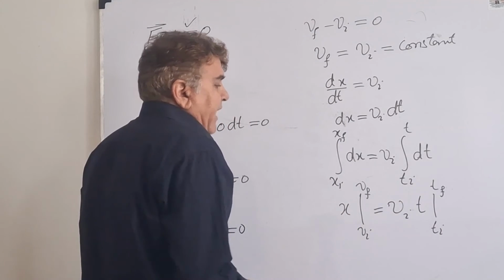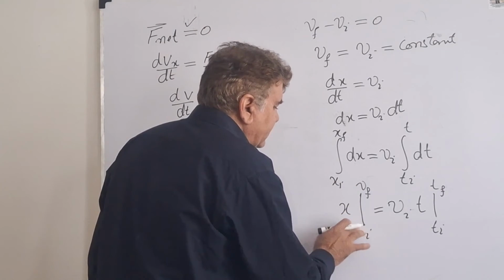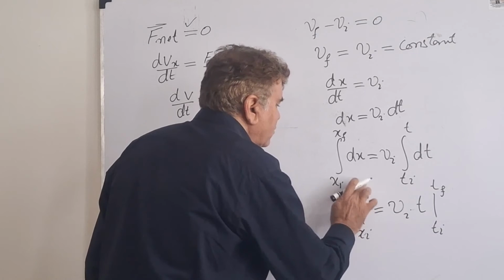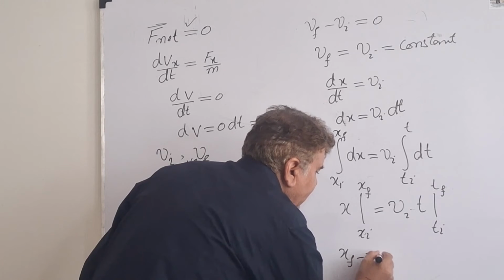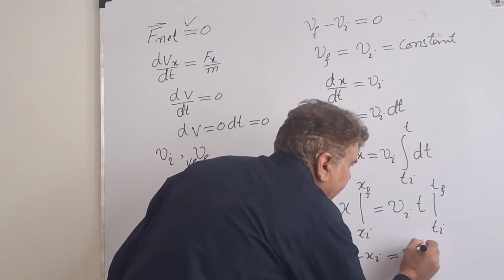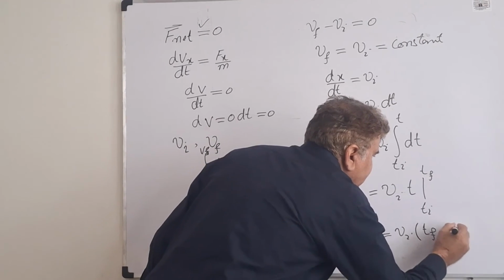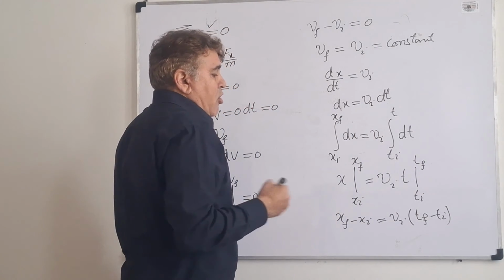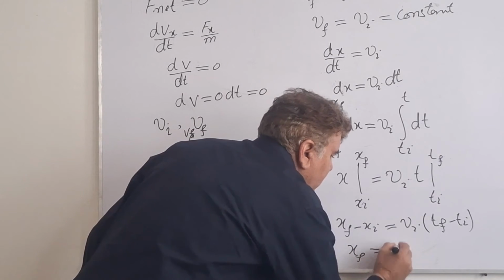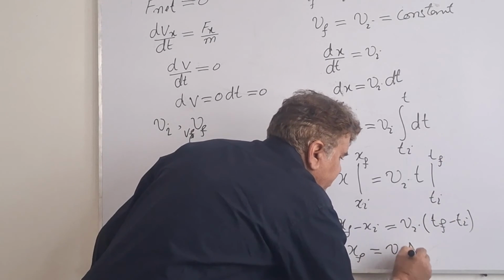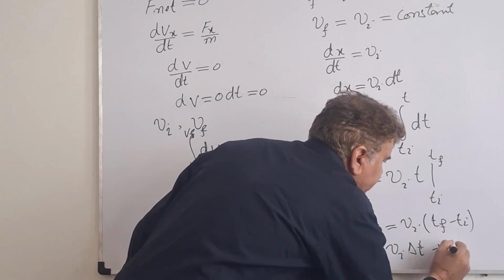If I substitute the limits on both sides, I can write xf minus xi equals Vi times tf minus ti. Or I can put this equation into the form xf equals Vi times the duration, which I write as delta t, and moving the minus xi to this side it becomes plus xi.